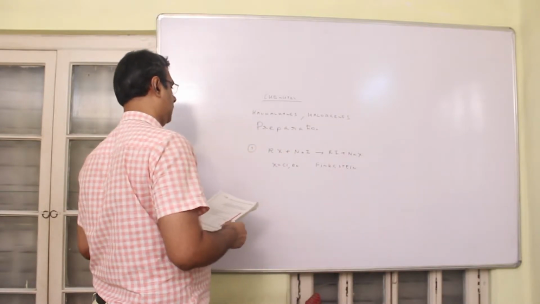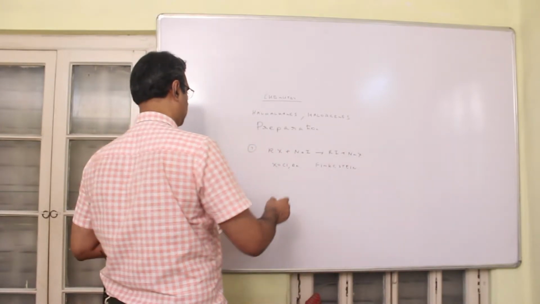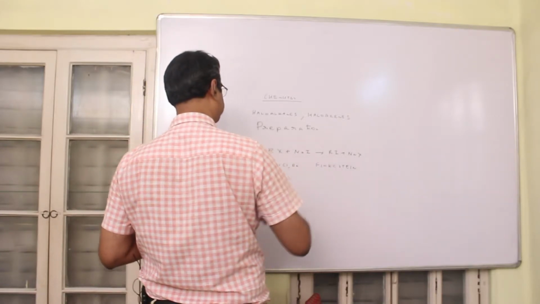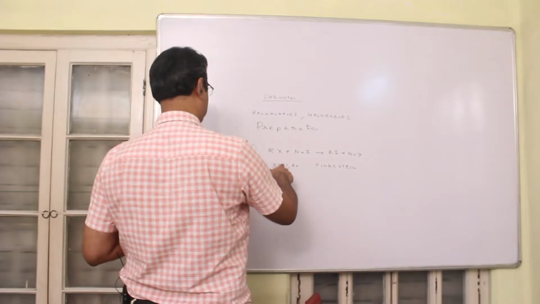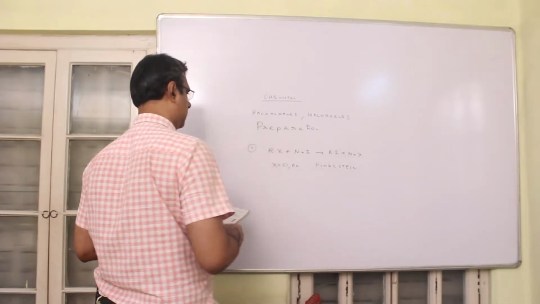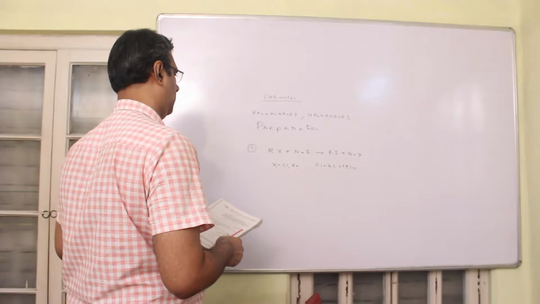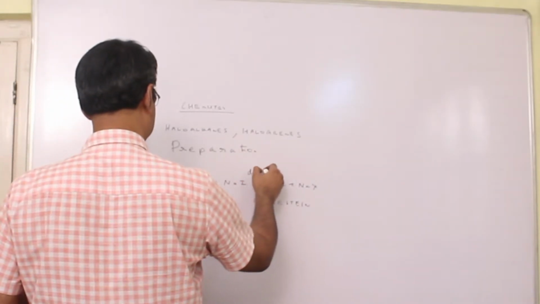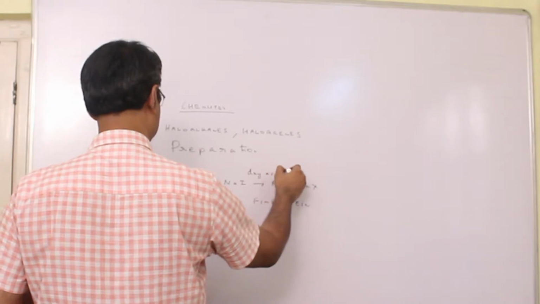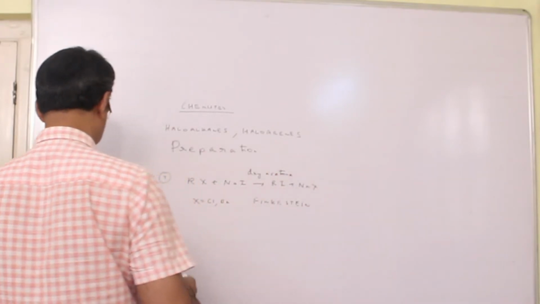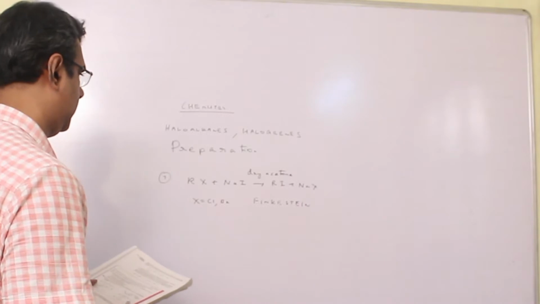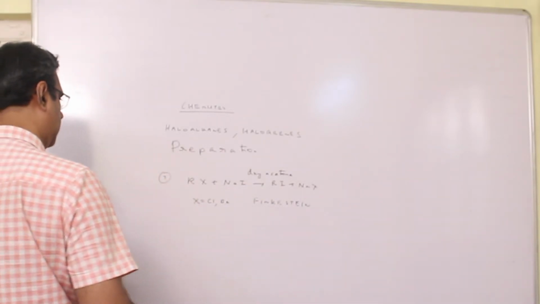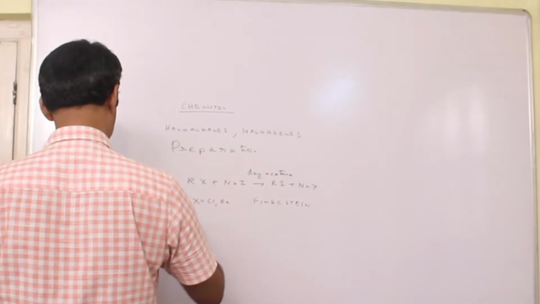In this reaction, the halogen, which may be chlorine or bromine, is substituted by reaction with NaI in presence of dry acetone. So you could call this a halogen exchange reaction, because one halogen is exchanged by another, that is iodine. So this is Finkelstein reaction.